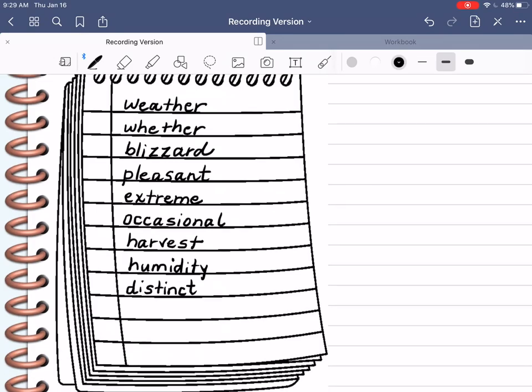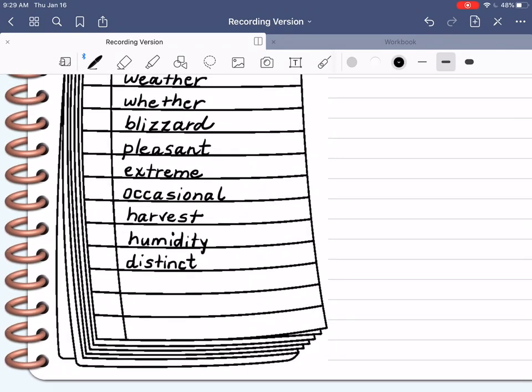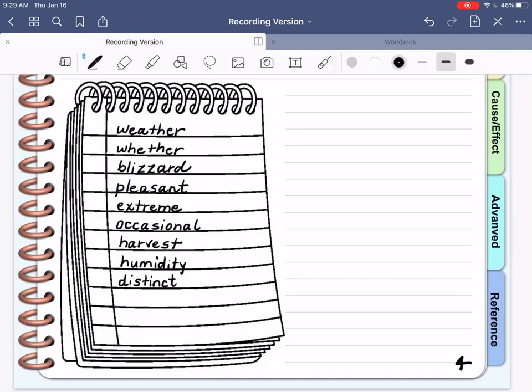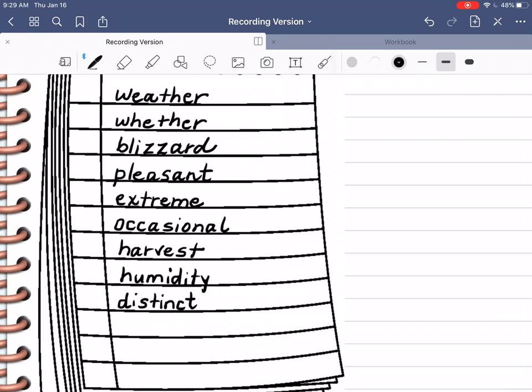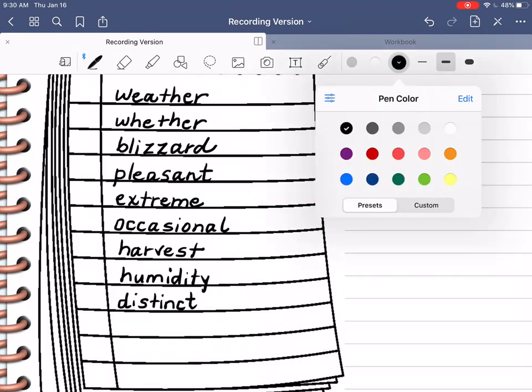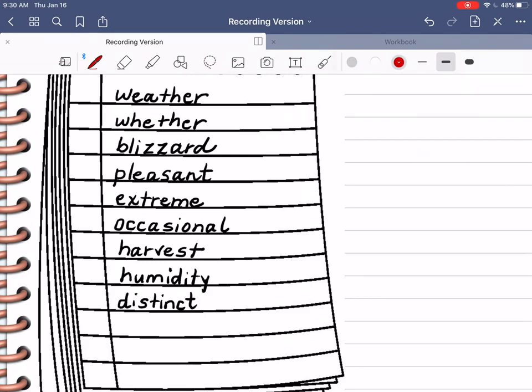Okay, I want you to scroll down to the bottom of the page. I think we'll have enough room to do this. Actually, let's do it right here. If you want to change colors, you can. I'm going to change to red just so you can see the difference. And I want you to write your ABCs.